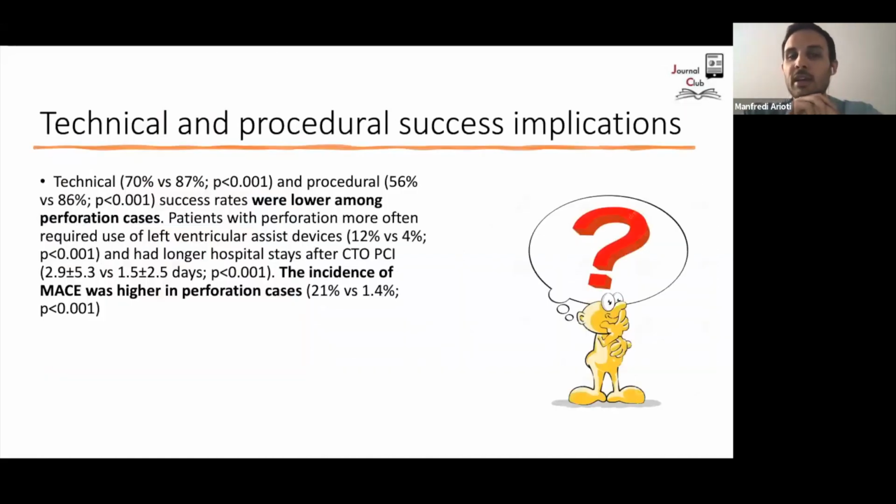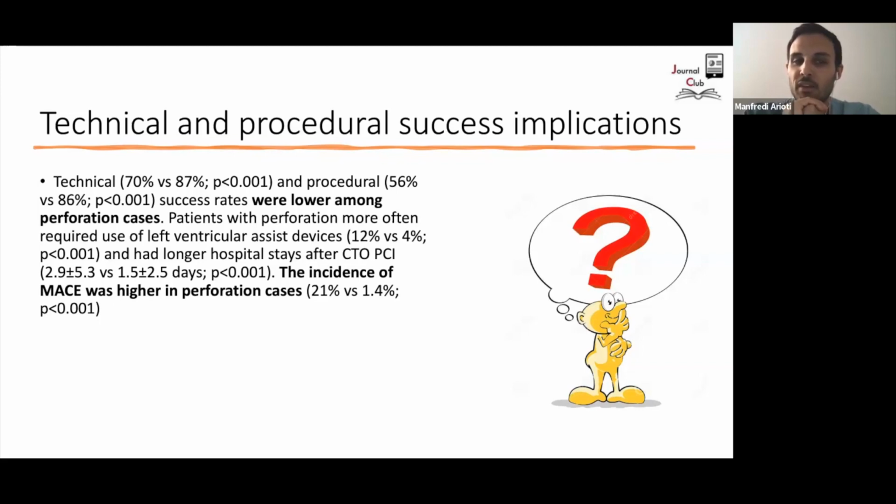And what about, again, technical and procedural success? What does having a perforation imply? Well, both technical and procedural success rates were lower among cases where a perforation happened. And patients with perforations more often required a left ventricular assist device and had a longer stay after CTO PCI, which is obviously relevant on outcomes.